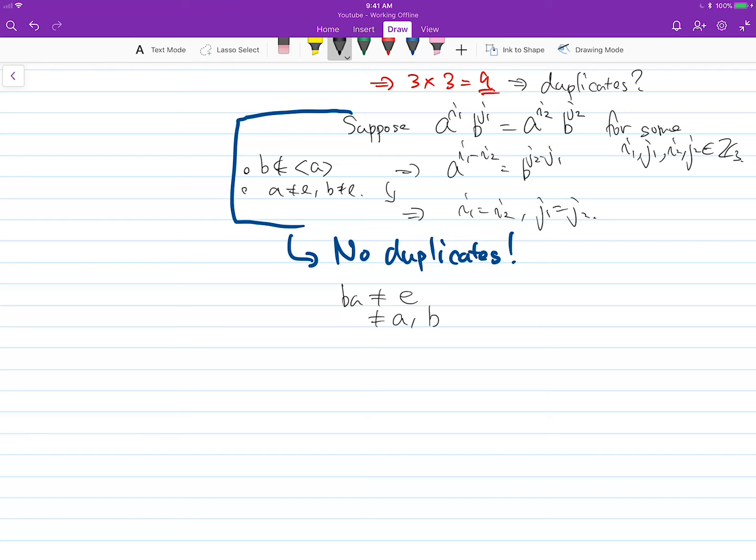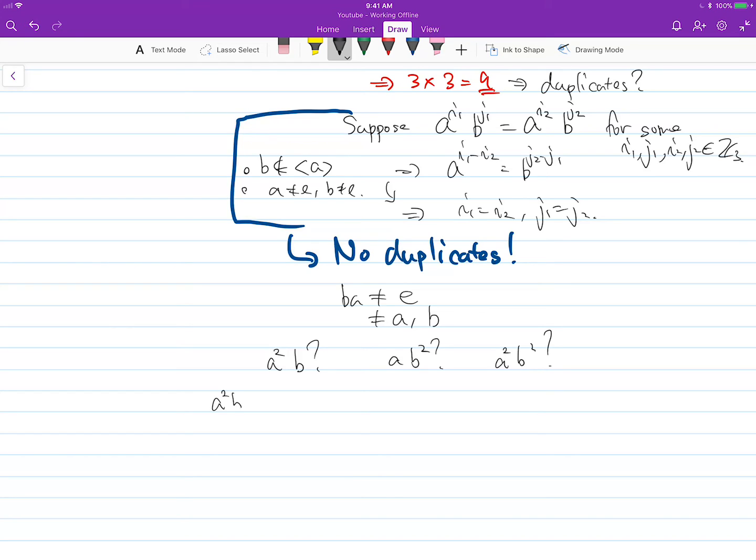So the questions are A squared B, AB squared, and A squared B squared. These are the 3 elements that could possibly be equal to BA. For each of them, we have to tackle them separately.